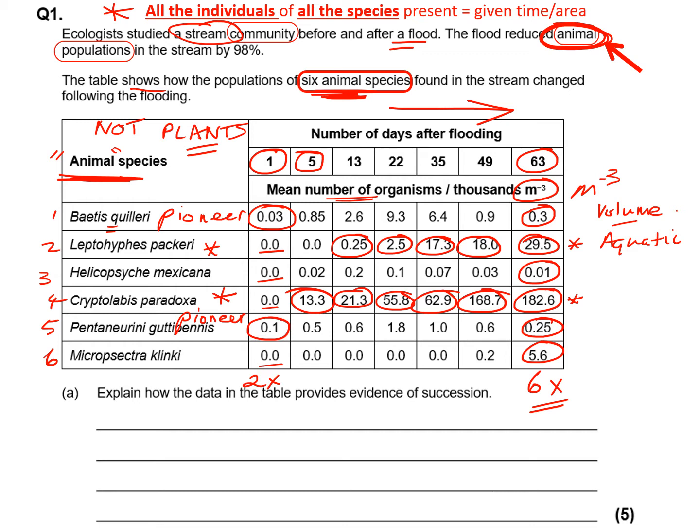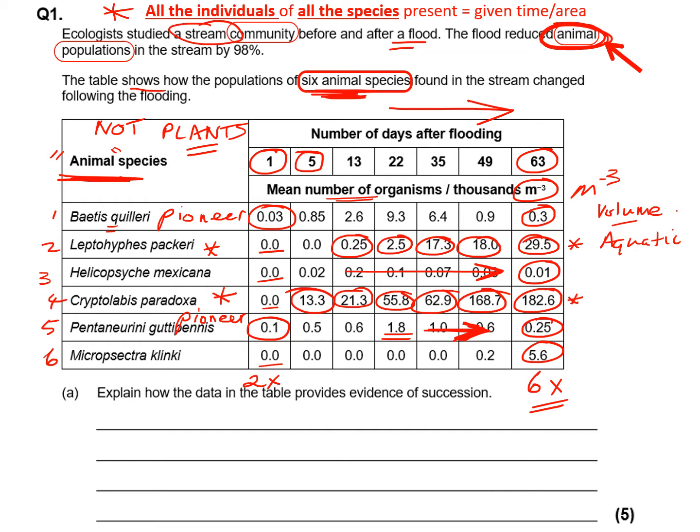So let's look for a decrease. So if you look at species 3, we can see over time the numbers of species 3 are going down. We can also see that the numbers of species 5 are decreasing from day 22 onwards. So you want this idea of a change in the biotic factors, such as more prey being present.